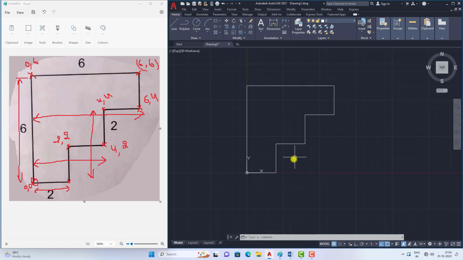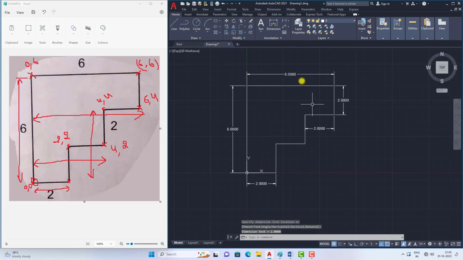If you give the dimensions here, see this is 6 and this is 6, this is 2 and this is also 2, everything is 2. All these dimensions are 2 only. So this is the diagram. In this way we need to complete the diagrams by using this absolute coordinate system.